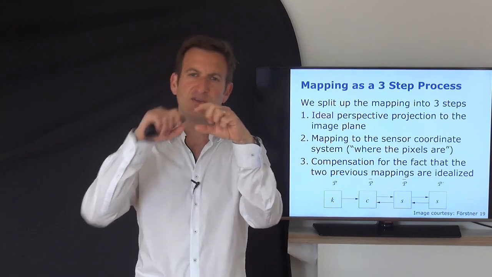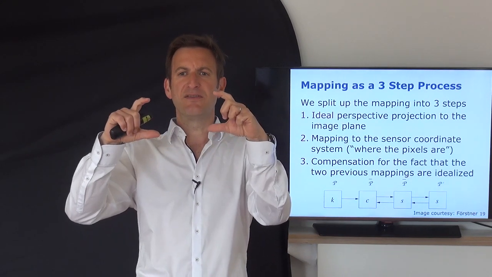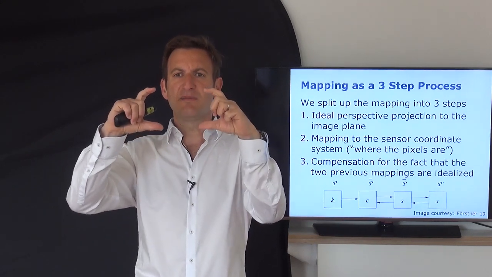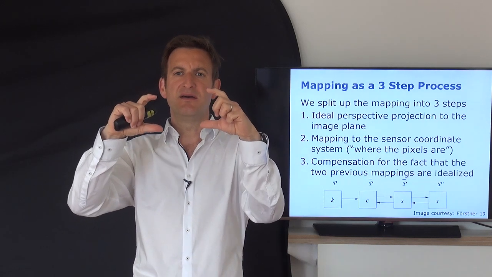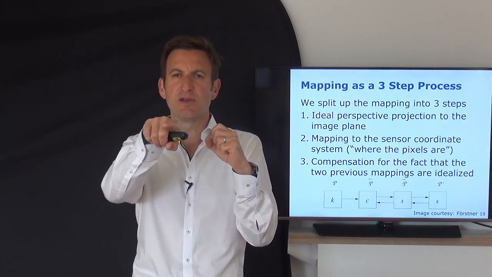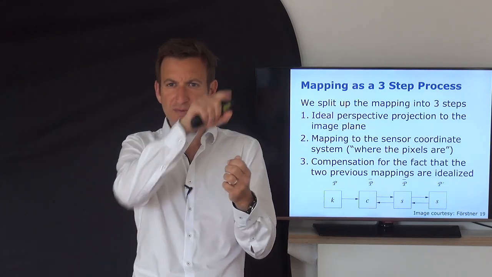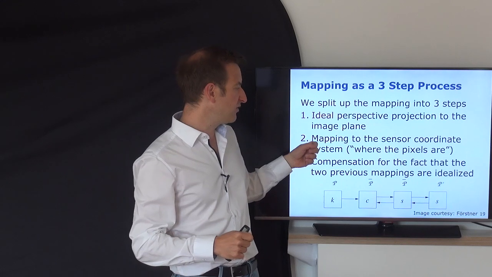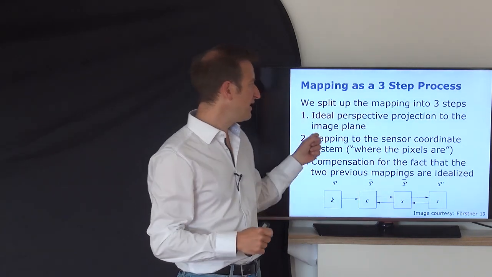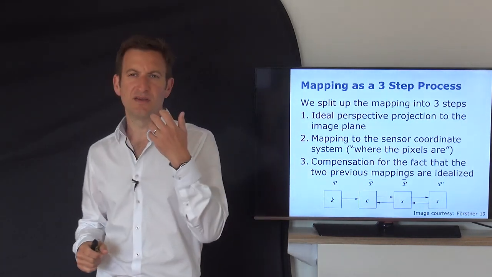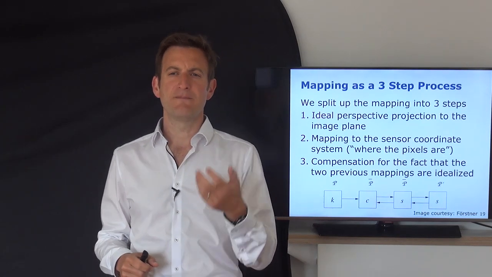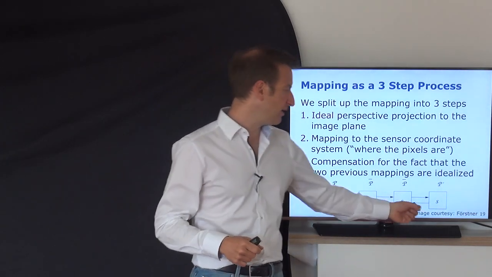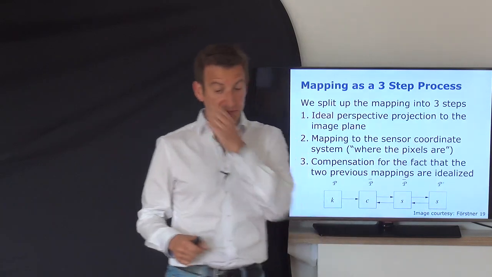They have a certain index. What is pixel 0? What is pixel 1? And so depending on how this chip is actually mounted into your camera, for example, the 0,0 coordinate will not be in the middle of your chip because it's typically in one of those corners. And so what happens here, from C to S, is the mapping onto the sensor coordinate system. And the last step is a transformation inside the sensor coordinate system.